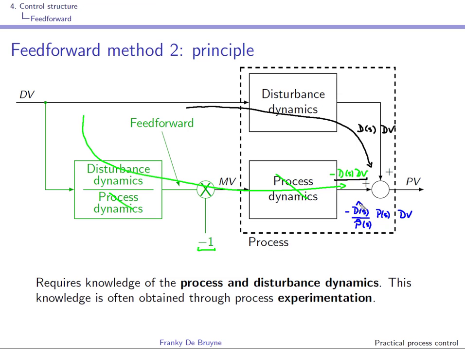And if your models of the disturbance dynamics and the process dynamics are sufficiently good, well, this is going to give you a good compensation, a good rejection of this disturbance dV.